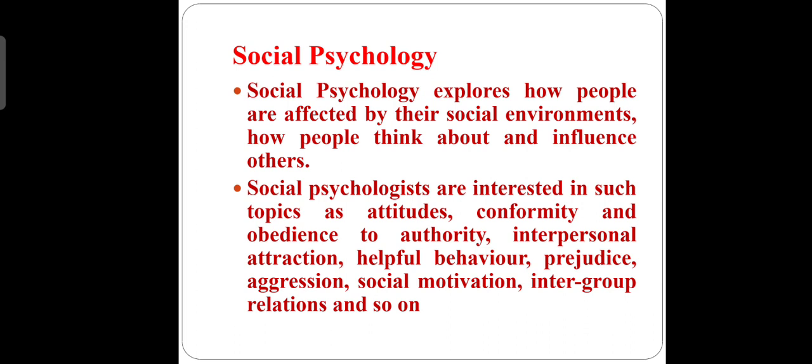And prejudice can prove to be one of the most destructive aspects of human social behavior. There are various forms of prejudice. Prejudice is not limited to ethnic and racial groups. So what is prejudice? What is stereotype?